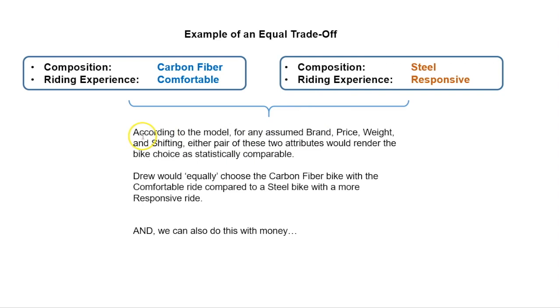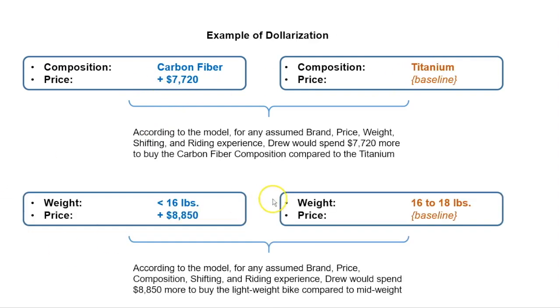Very cool. And the big one here is price. Just like we can trade off one attribute for the other, we can also trade off price, because price is also a variable in this model. Again, we only have 40 data points, so these estimates are squishy at best.